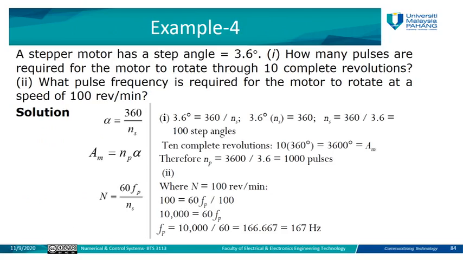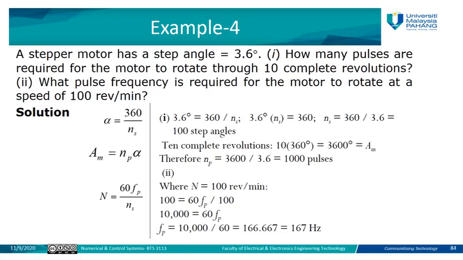So this is the first example. Here we have a stepper motor that has a step angle of 3.6 degrees. That means you have the value of alpha, which is 3.6 degrees. How many pulses are required for the motor to rotate through 10 complete revolutions?